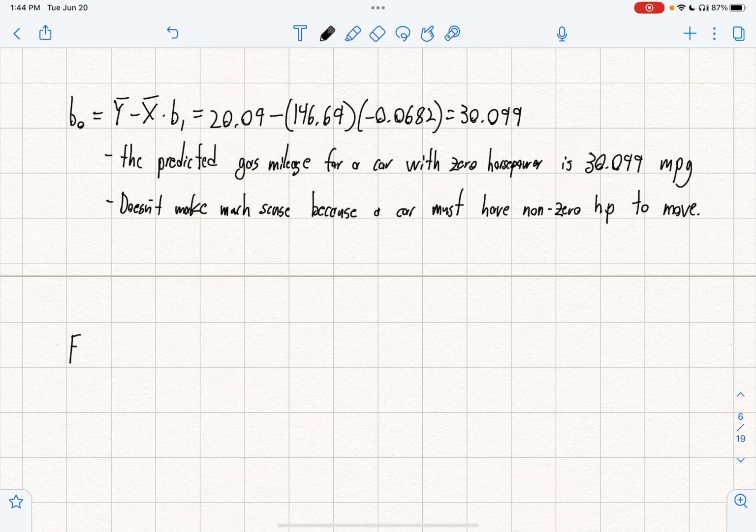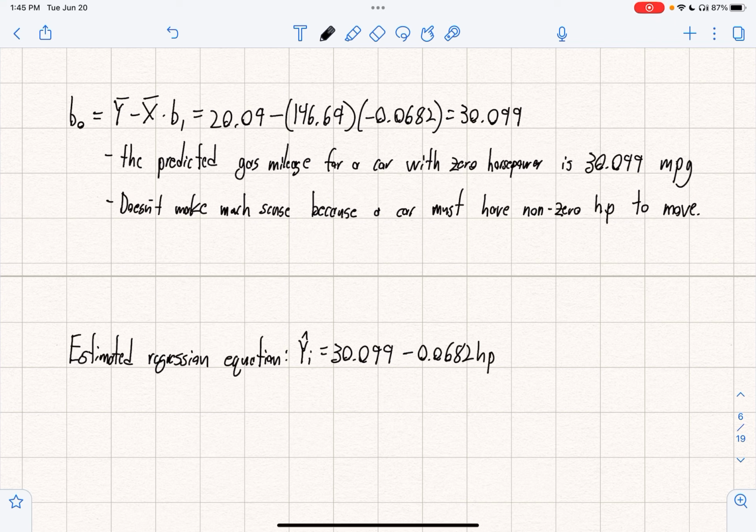Okay, let's do some prediction. So let's write out our estimated regression equation. That is y i hat, our estimated value of y, is our intercept, 30.099, minus 0.0682 times horsepower, or what I'll do is write x i.